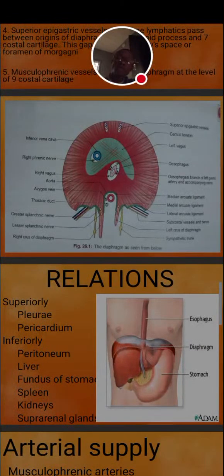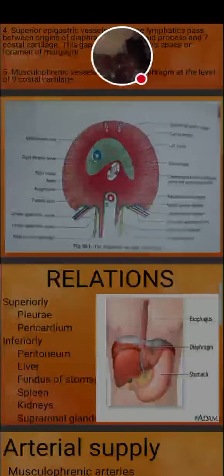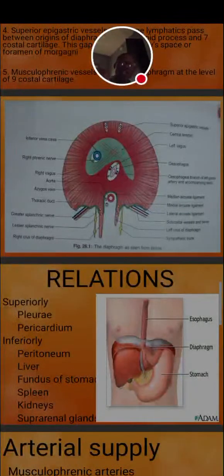And this left crus, that's the first origin. The second origin is what we call the medial arcuate ligament, which eventually inserts on the lumbar vertebra and the tip of the transverse process.